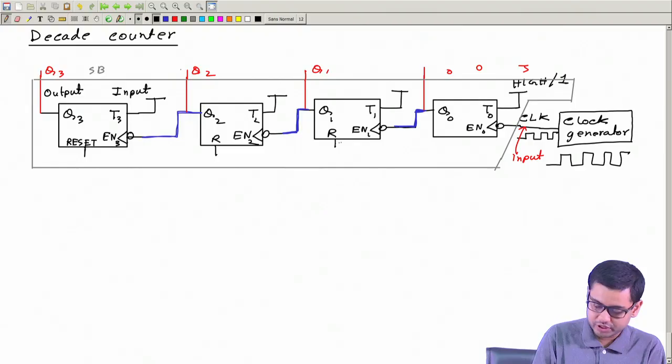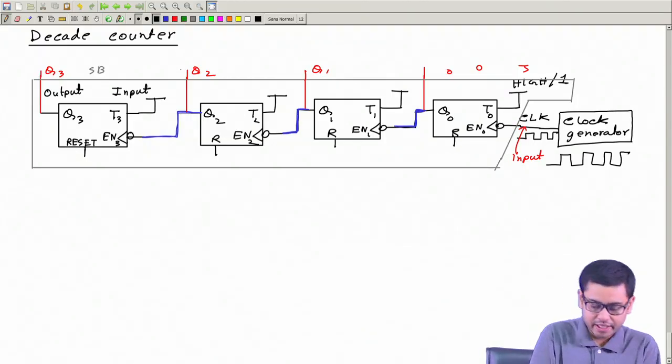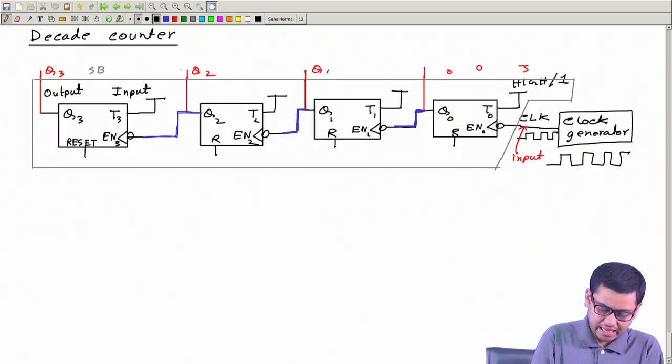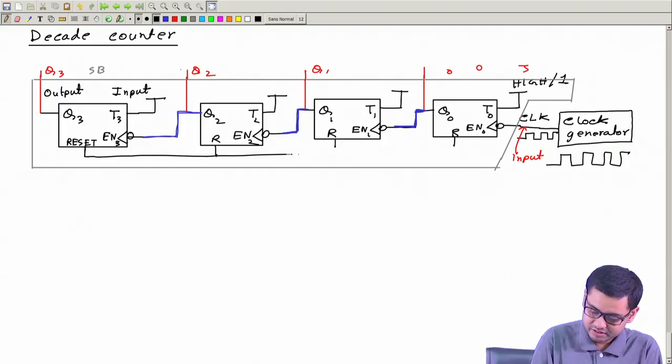So this is an input, not an output. I have no space to draw here, so I'm drawing it here. This is R. So I have 4 reset inputs, and I will connect all these reset inputs together.